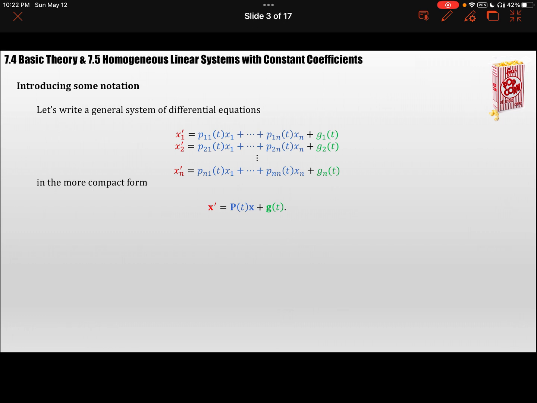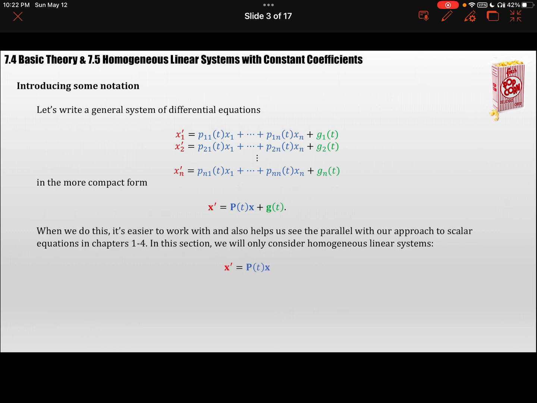And it's not just prettier, it also helps us understand that the things we're going to be doing and discussing in this 7.4 section and 7.5 and everything else are actually quite analogous to what we did in chapters 1 through 4 with scalar equations. If they weren't bold and not italicized, it would almost look like a scalar equation, right? Some of these things look very familiar, even though we're in vector world.